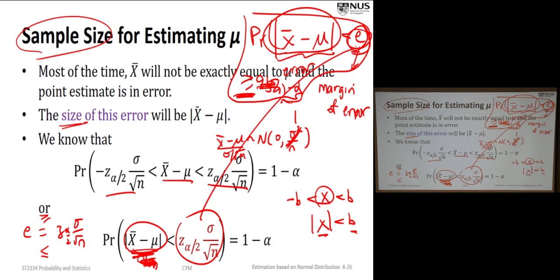So then should E be bigger or smaller than Z alpha over 2 sigma over root n? Of course it's bigger. You want a bigger probability, right?